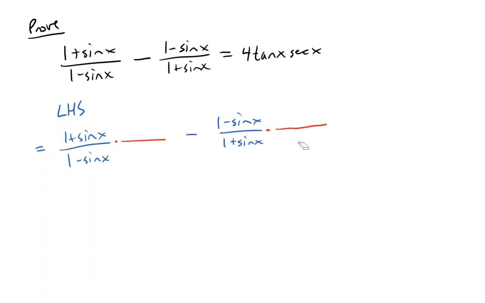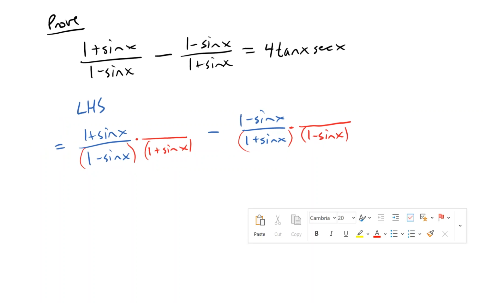A simple way to do that would be to multiply this denominator by 1 plus sine x and multiply this denominator by 1 minus sine x, and you can see then that the denominators of the resulting products will match. But again, I have to do the same thing on the top of each fraction.